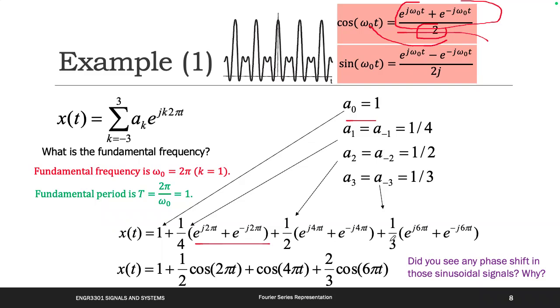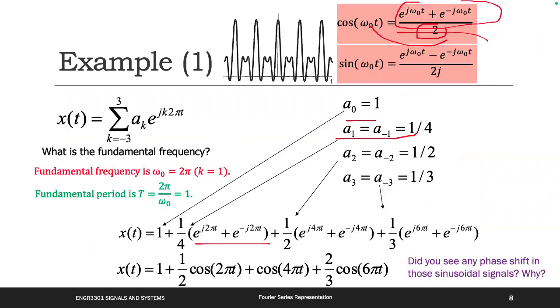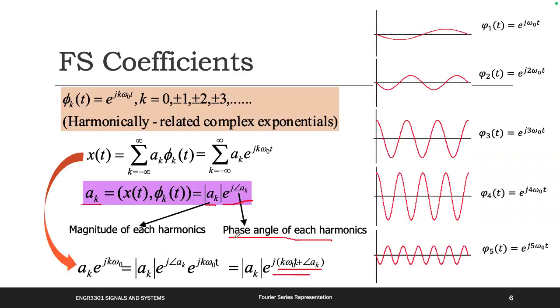But why? You can observe it just from a_k. If a_k has a phase shift, this is the magnitude and this is the phase shift, which means you have an imaginary part. If a_k is just a real number, it is only related to the magnitude.